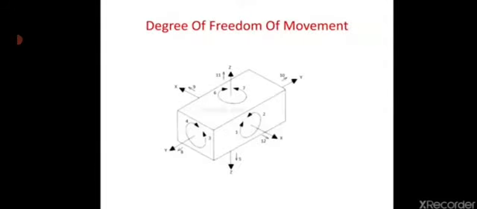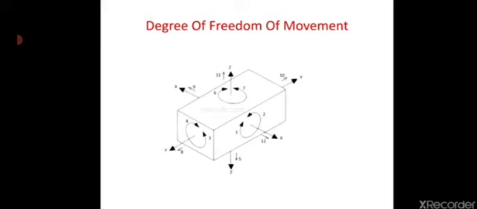First, we will discuss degrees of freedom of movement. The workpiece is assumed to have true and flat faces in a state of freedom. It may move in either of two opposite directions along three mutually perpendicular axes, that is XX, YY and ZZ. These six movements are called movements of translation.